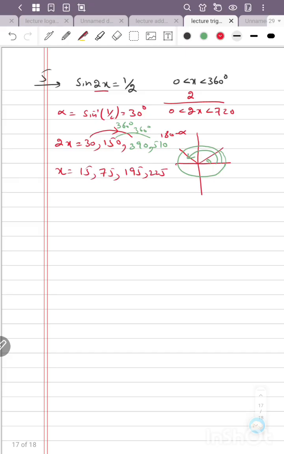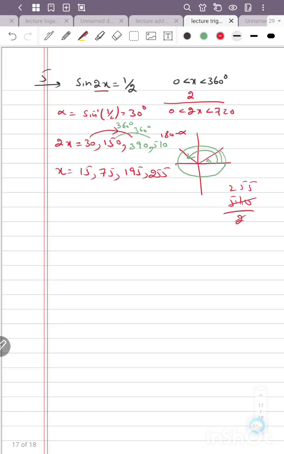Okay, we have to complete this question. Now we have one more check: 510 divided by 2. Sorry dear student, the answer is 255. Okay, this is our answer.